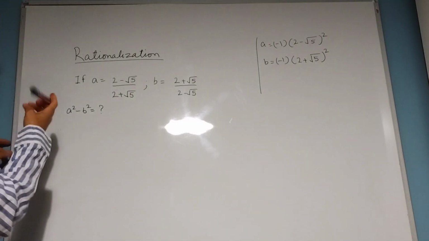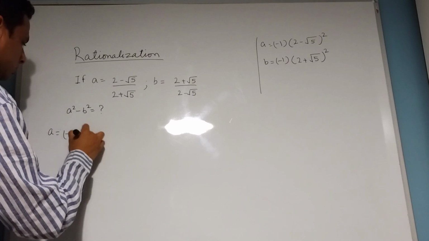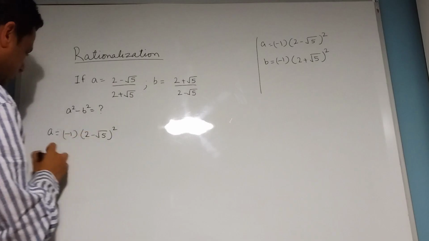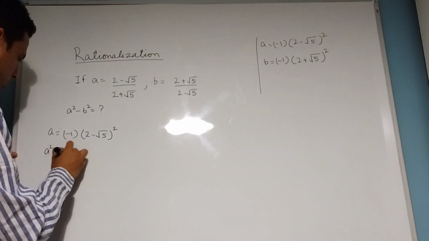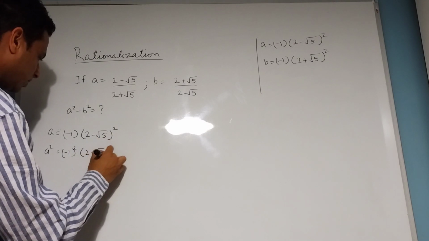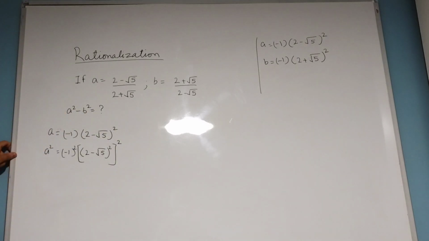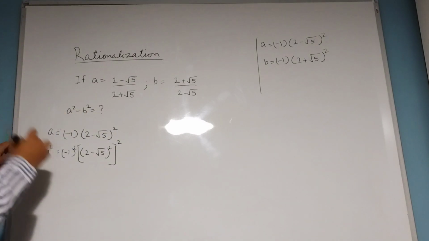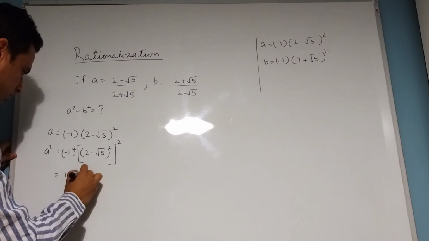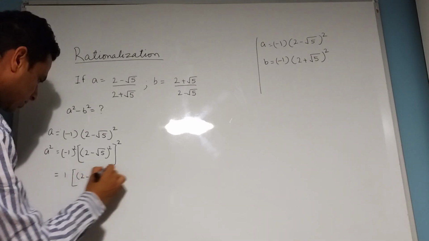So a equals minus 1 into 2 minus root 5 whole square. A squared would be minus 1 whole square, 2 minus root 5 whole square, and then the square. This minus 1 square is 1, and this becomes 2 minus root 5 whole squared and then squared.